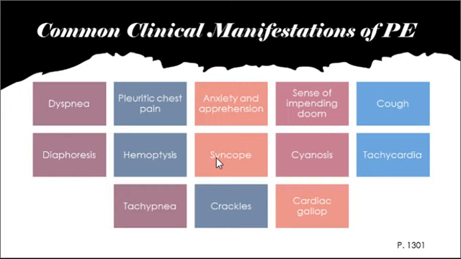You can look this up in your text on 1301, your clinical manifestations chart. Because if you're hypoxic, you're going to have restless chest pain, dyspnea, cyanosis, use of your accessory muscles, respiratory acidosis.